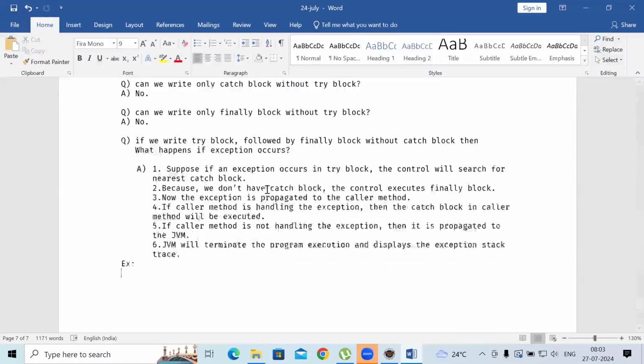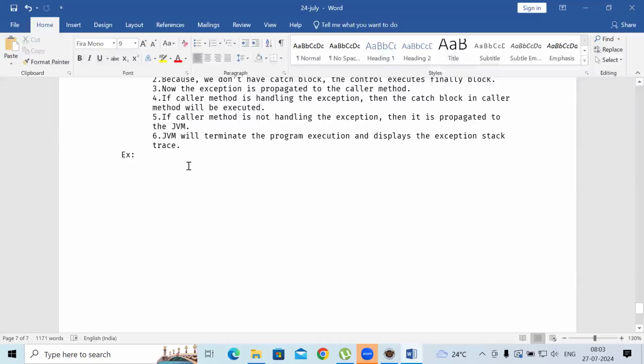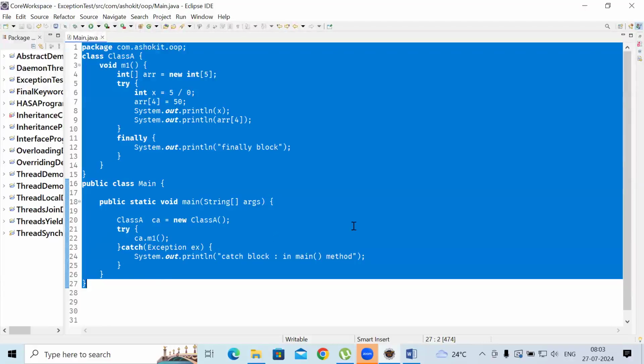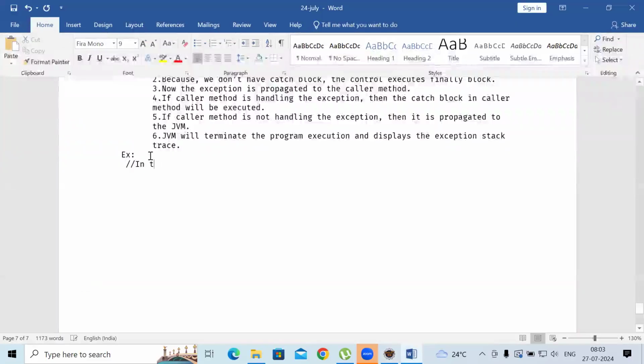Example: I'm just copy pasting this example, you practice it. Tell me, in this example, who is the caller method? The main method. In this example, the caller method is the main method, and it is handling the exception.